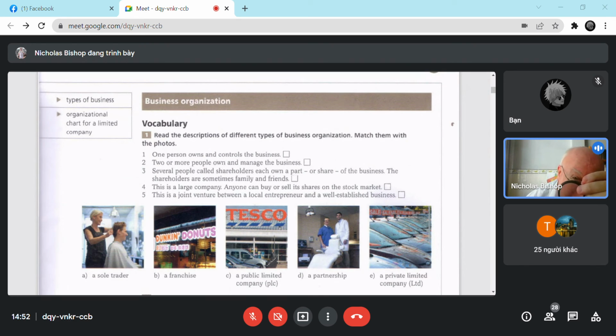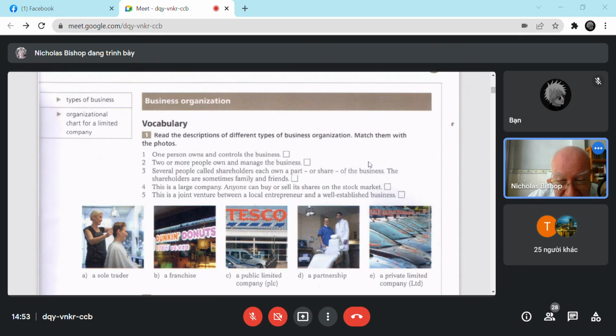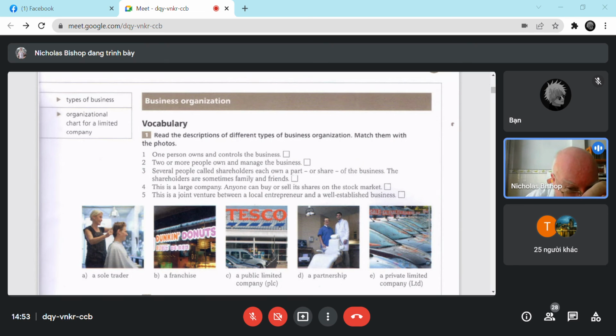Look at the descriptions of the types of business organization and match them with the photos. So 1, 2, 3, 4, 5. Can you match them to A, B, C, D, and E? Can you see those descriptions?